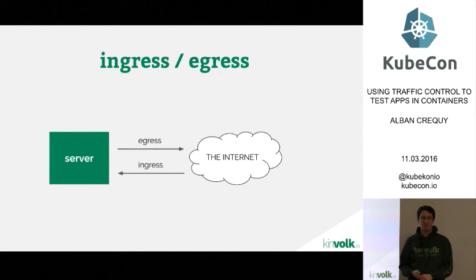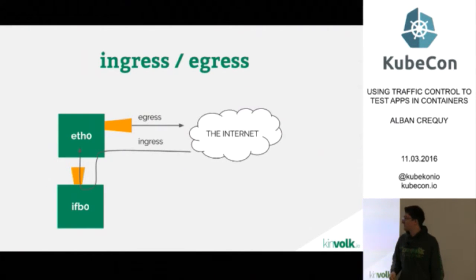It's a lot easier to configure the queuing discipline on the egress traffic because it's a lot easier to decide what we emit next rather than decide what other people send to us. But it's still possible to do something on the ingress traffic. There is a way to buffer the incoming packet with a virtual network interface called IFB, for intermediate functional block.